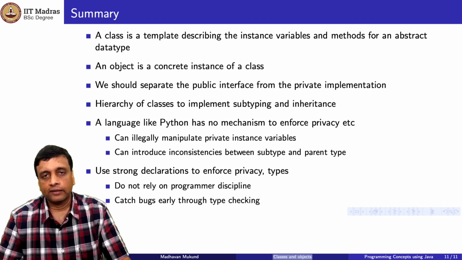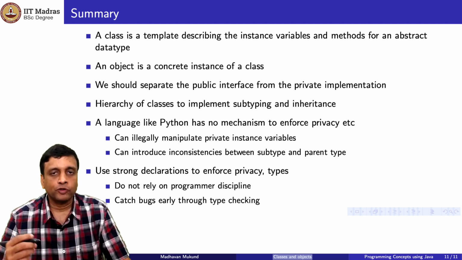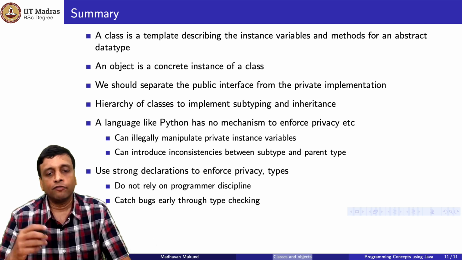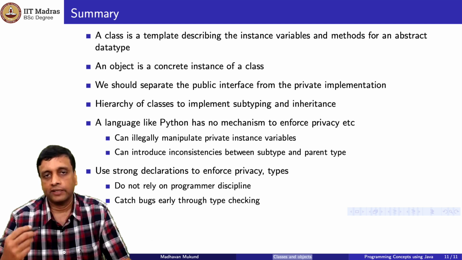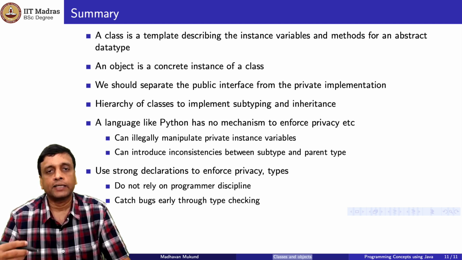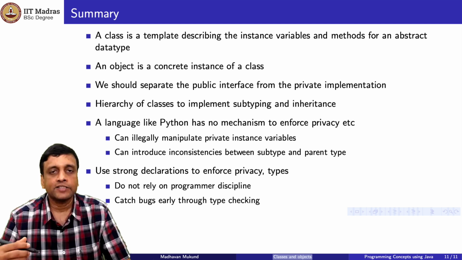So what we saw is that Python has a mechanism to define classes, but it really is very limited in enforcing these ideas of abstraction. So we can illegally manipulate private variables because there is no concept of privacy in Python. And we can also unintentionally introduce inconsistencies between subtypes and parent types because there is no obligation that a subtype must have the same instance variables defined as a parent type.